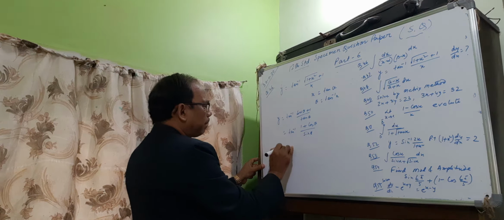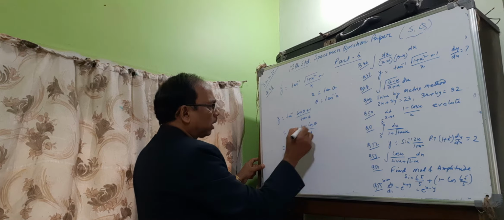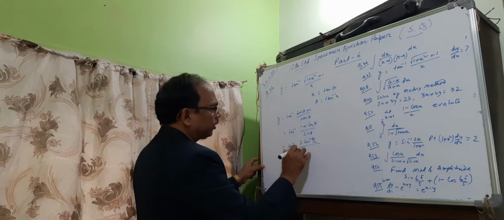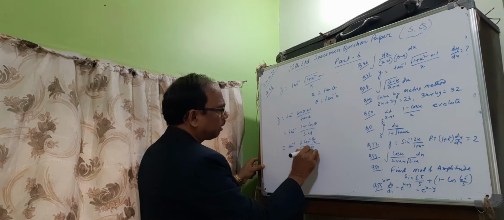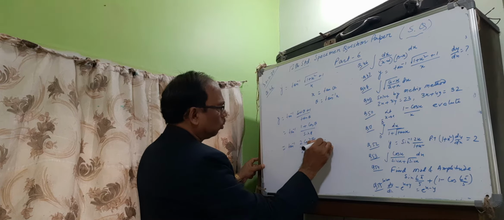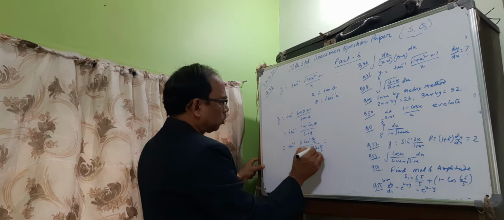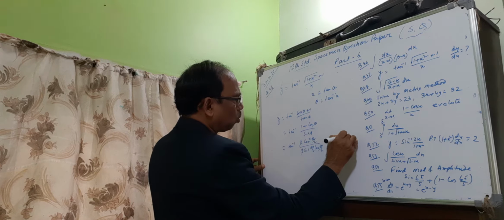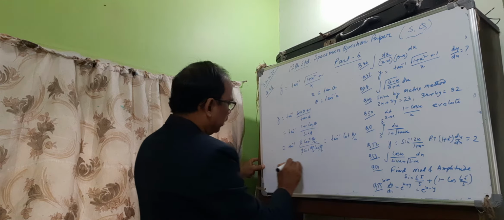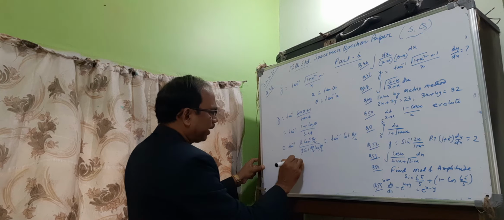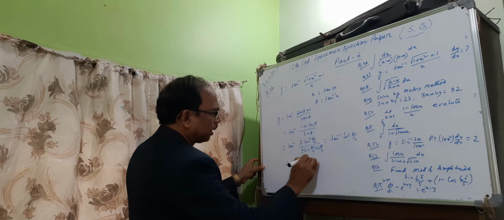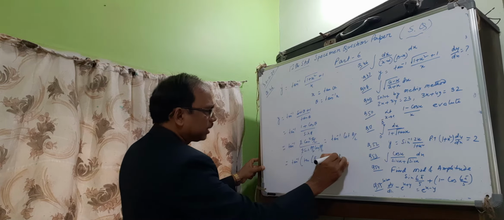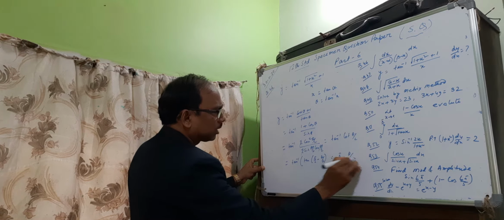Then doing sub multiple angle, tan inverse of 1 plus cos theta is 2 cos square theta by 2, and sine theta is 2 sine theta by 2 cos theta by 2. 2 cancels, cos and cos square cancel, that is tan inverse cot theta by 2, equals tan inverse, cot means tan of pi by 2 minus theta by 2, that is pi by 2 minus theta by 2.